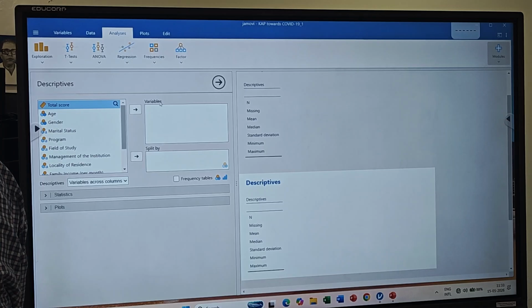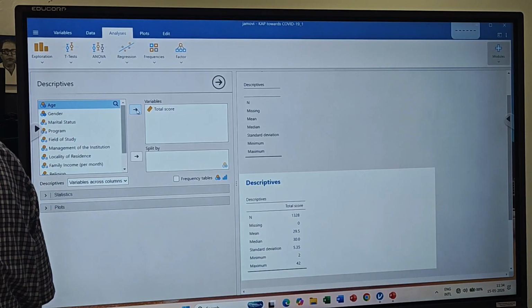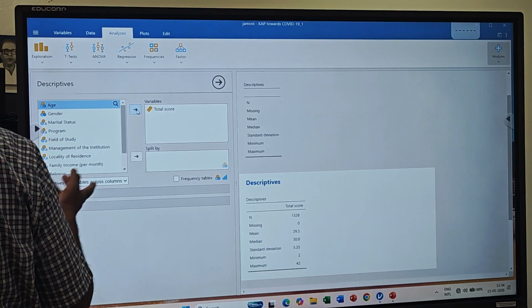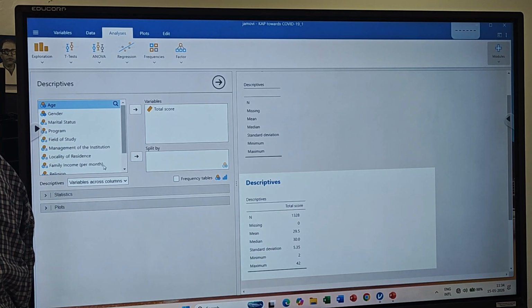We transfer the variables here, the one which we want to calculate. So the total score of the COVID value. We measured COVID knowledge, attitude, and practices through a scale. That is the total score.